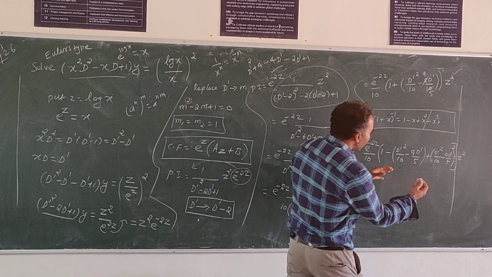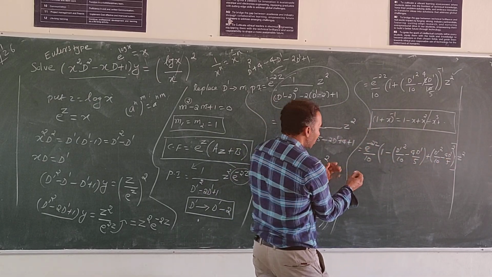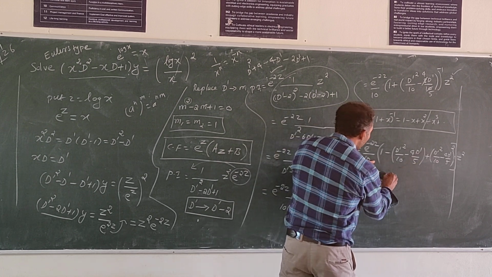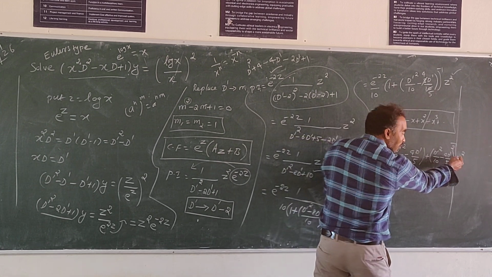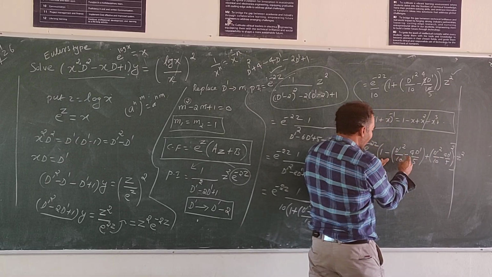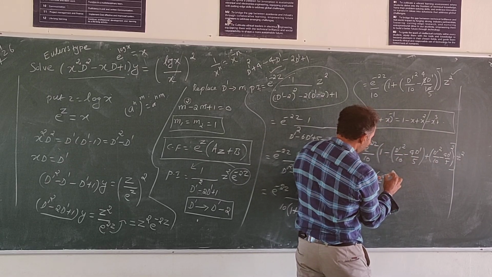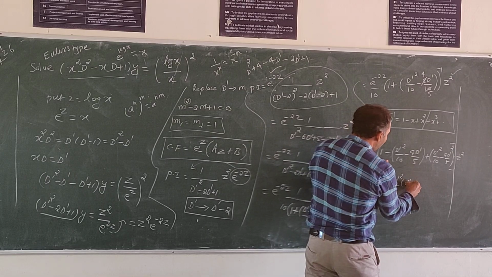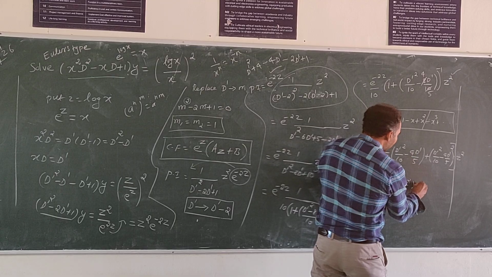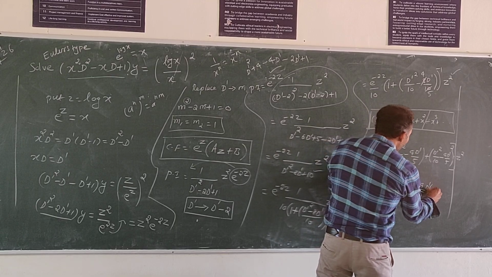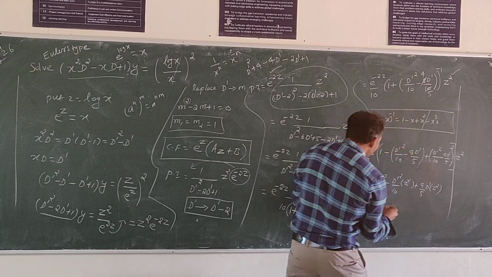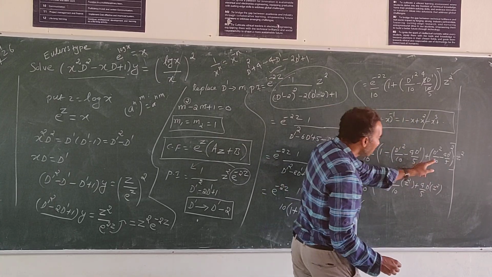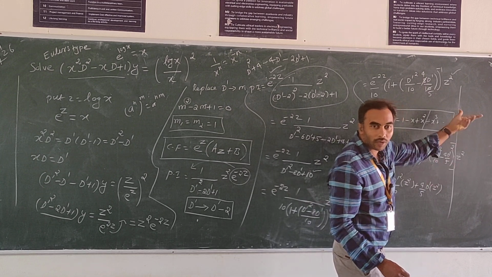Next, we have to multiply z square inside the bracket. So e power minus 2z divided by 10 into z square minus, multiply z square inside the bracket, z square minus d dash square divided by 10 into z square plus 4 by 5 d dash into z square. Next, plus, expand this term. What is the expansion? (a minus b) whole square formula.